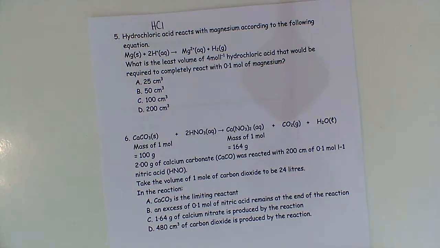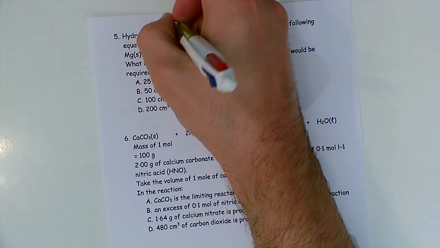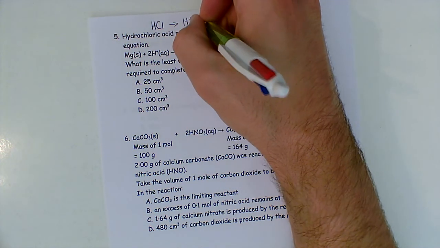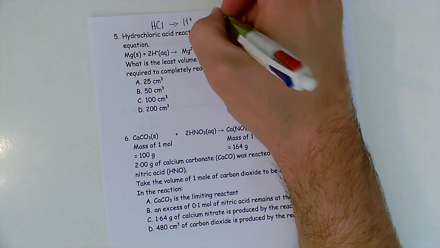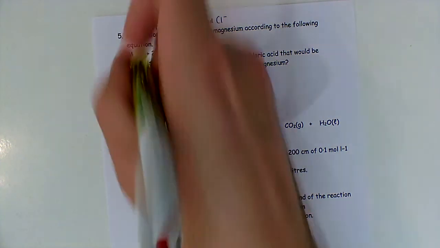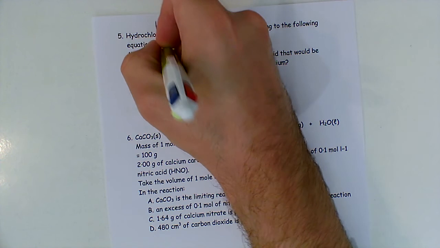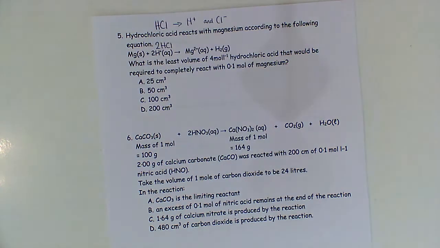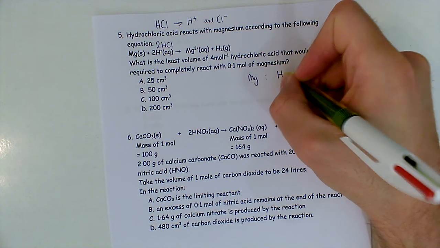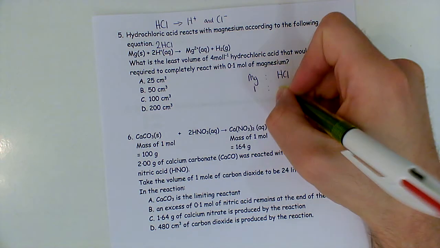You're expected to know that, and when it dissolves, it forms H+ and Cl-. So this 2H+ corresponds to 2HCl. That's just adding one step. So we've got a ratio of magnesium to HCl of 1 to 2.